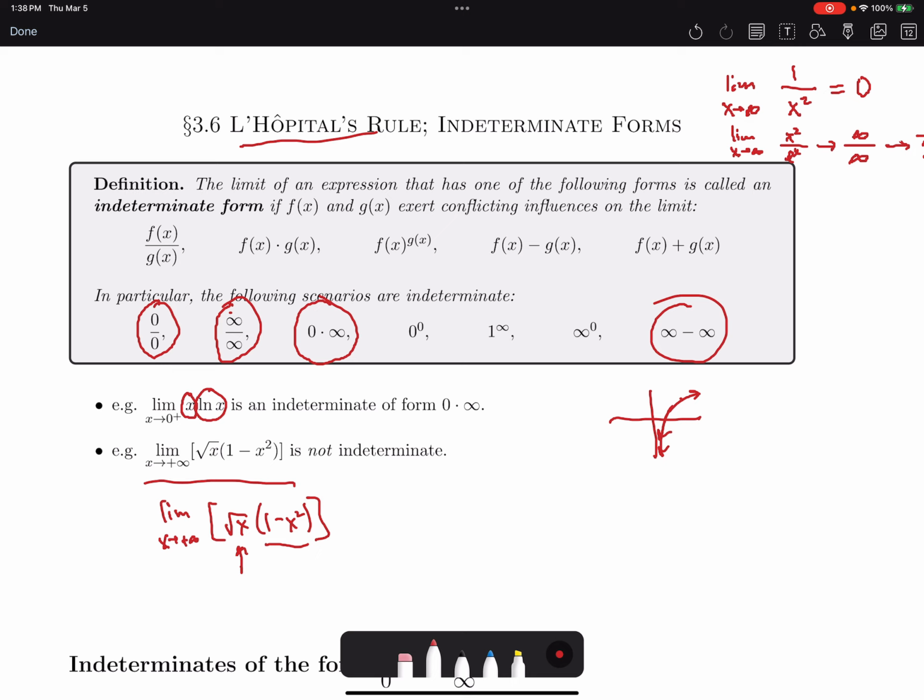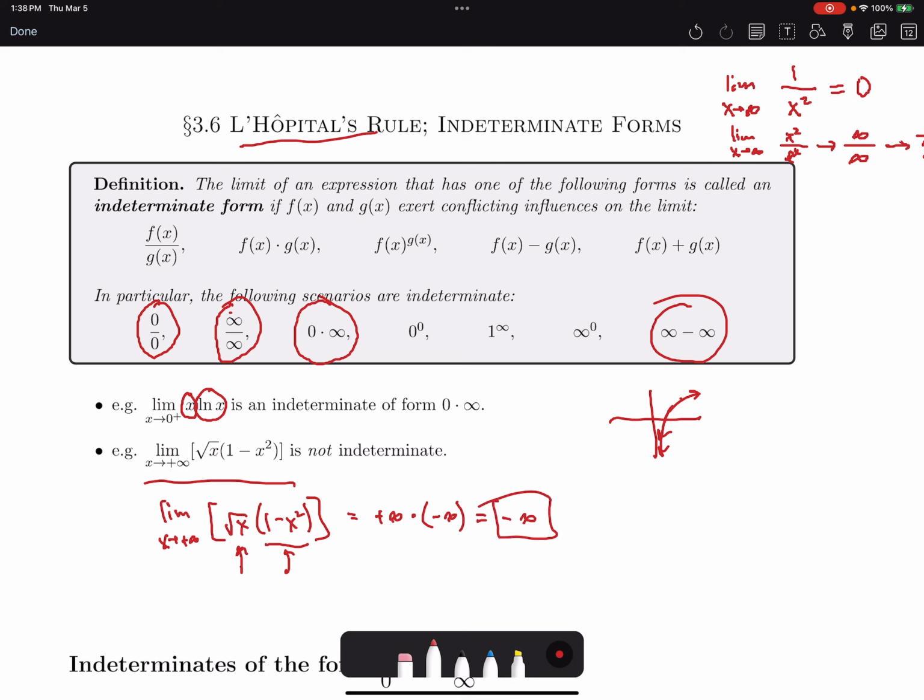This piece is going to go to negative infinity, right? 1 minus a really big number is going to be a really big negative number. So this would just be positive infinity times negative infinity, which is just negative infinity. That's not indeterminate. It's just negative infinity.